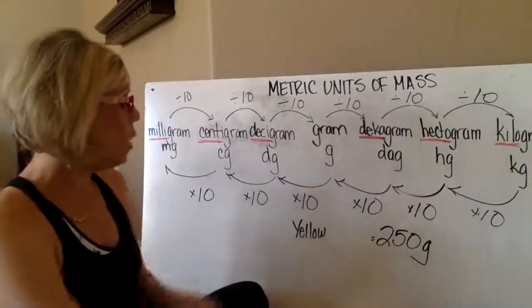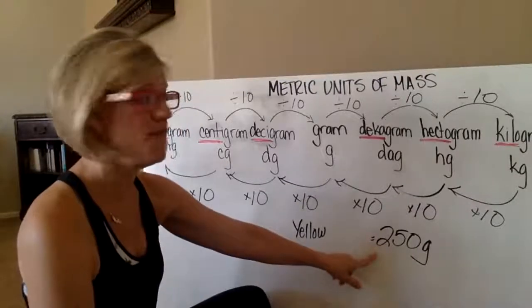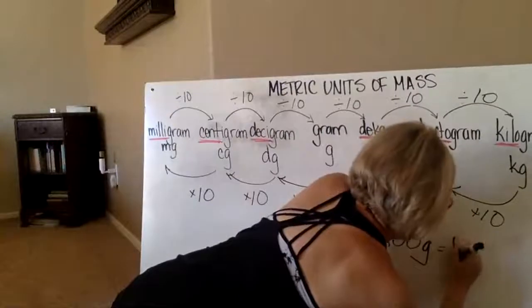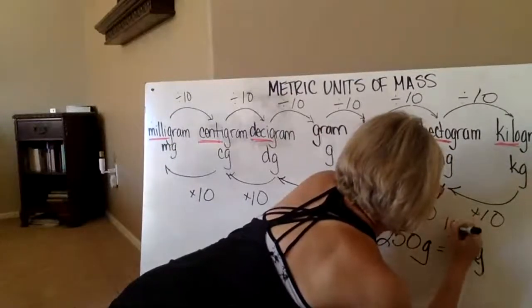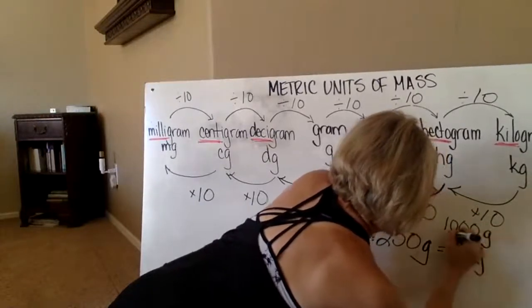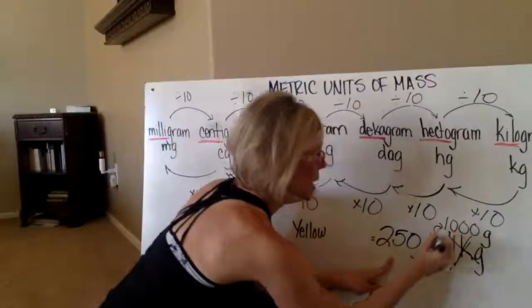So how many yellow-colored macaws are going to give us 250 grams or 1 kilogram, which we said is the equivalent of 1,000 grams? So we want to go from 250 to 1,000 grams.